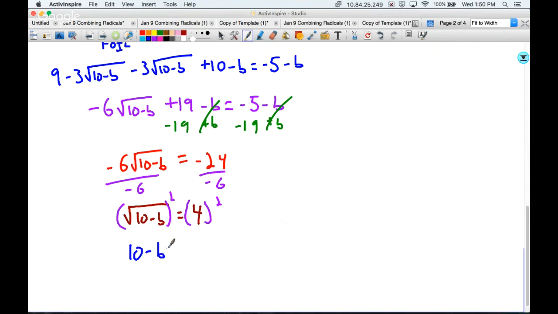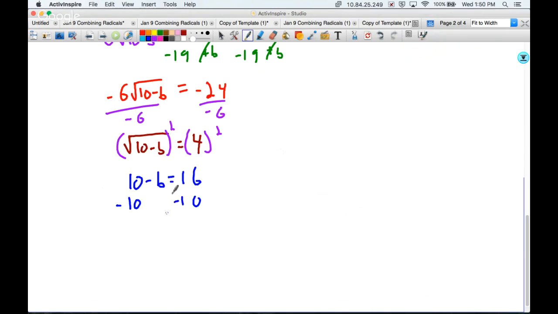Now we've got 10 minus b equals 16. Subtract 10 from both sides. Negative b equals positive 6. Divide both sides by negative 1. We get that b equals negative 6.